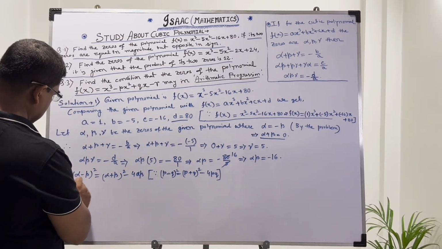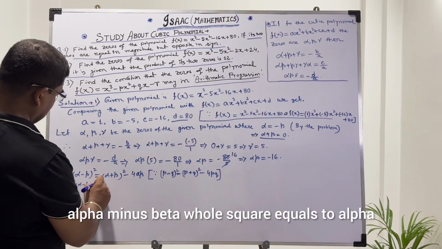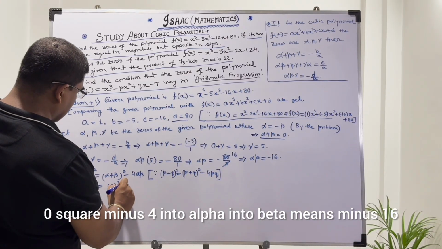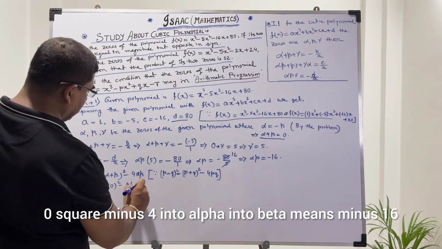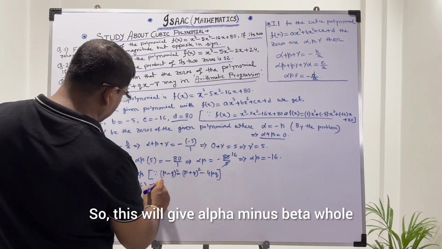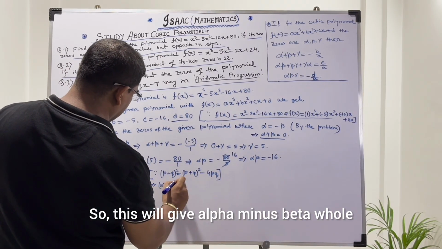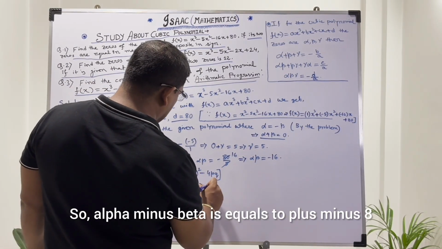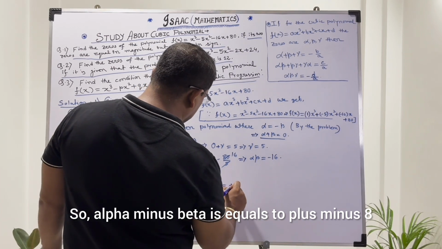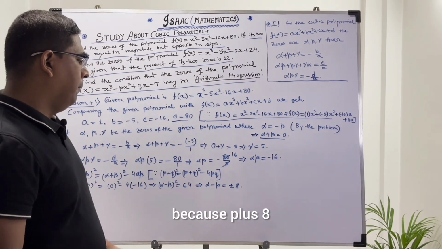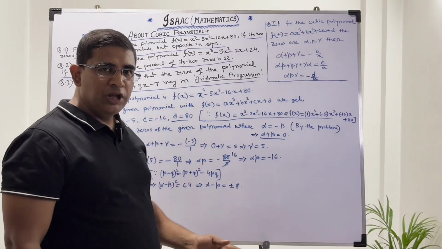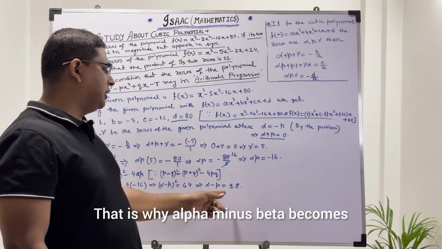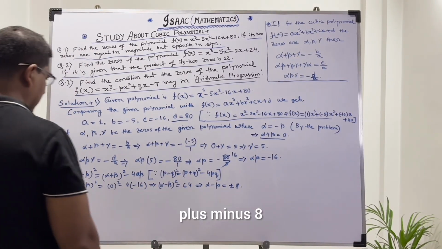So this implies alpha minus beta whole square equals alpha plus beta means 0, 0 square, minus 4 into alpha into beta means minus 16. So this will give alpha minus beta whole square equals 64. So alpha minus beta equals plus minus 8, because plus 8 whole square is 64 and minus 8 whole square is also 64. That is why alpha minus beta becomes plus minus 8.